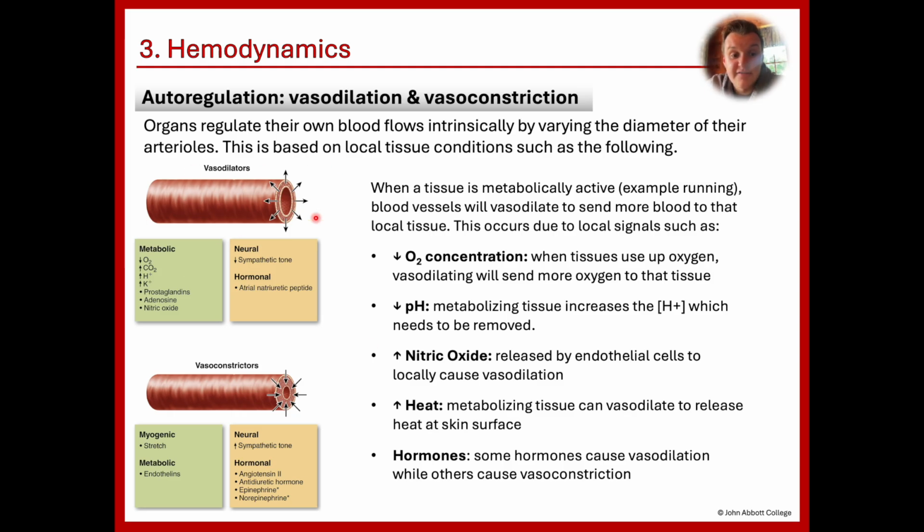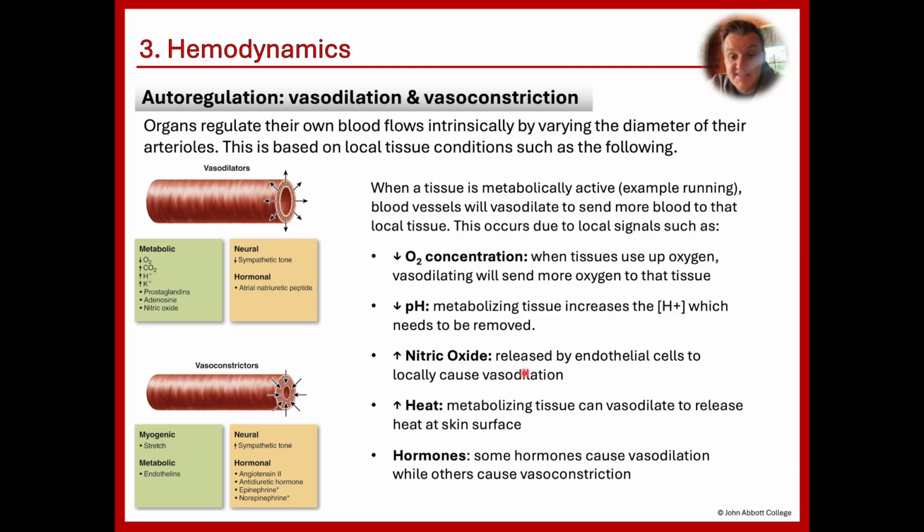That will cause vasodilation, okay? So there's a few measures of pH, but let's just look at the hydrogen ion. When the hydrogen ion goes up, meaning the pH is low, that means that there's more metabolism and you should send more blood to that region. So we're going to vasodilate this blood vessel.